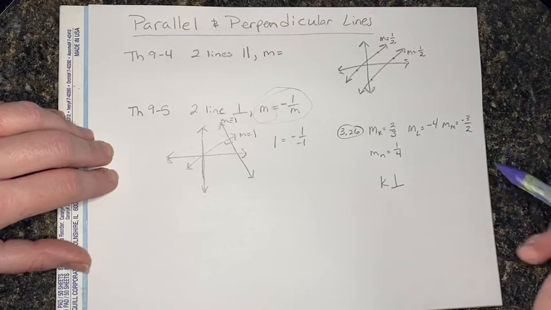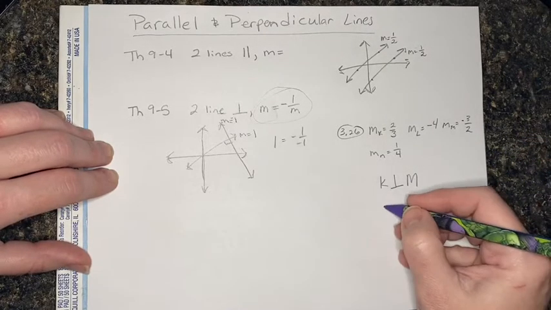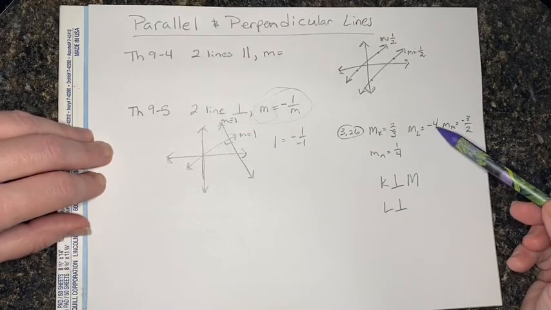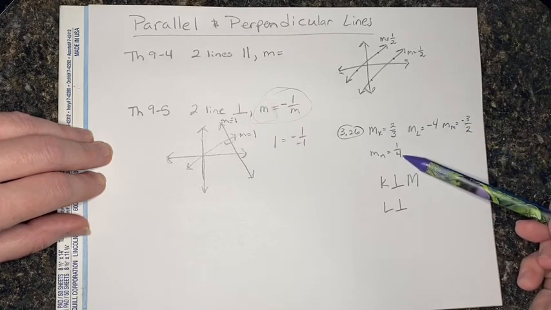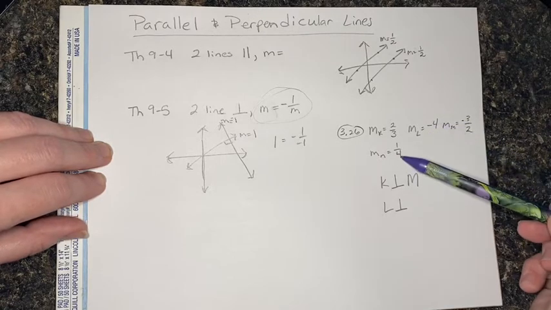So line K is perpendicular with line M. Let's look at line L. Its slope is -4. We've already determined it's not perpendicular to M or K. So let's look at N. Well, the reciprocal of -4 is 1/4.